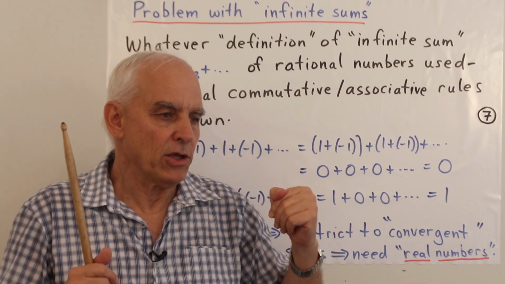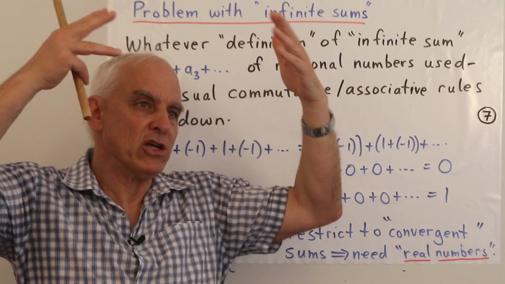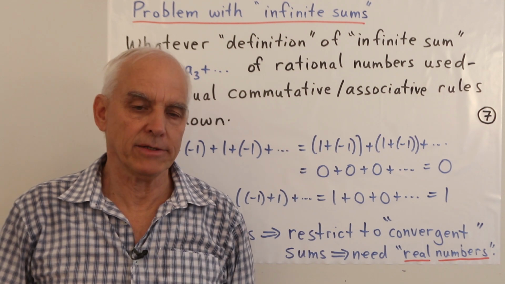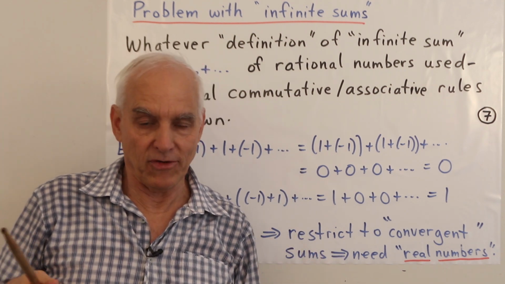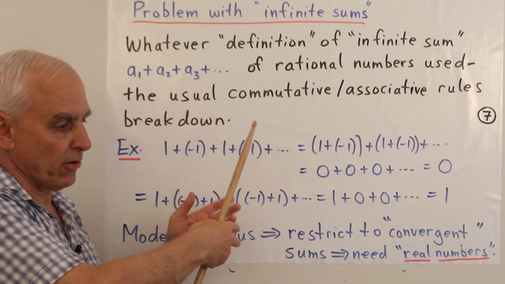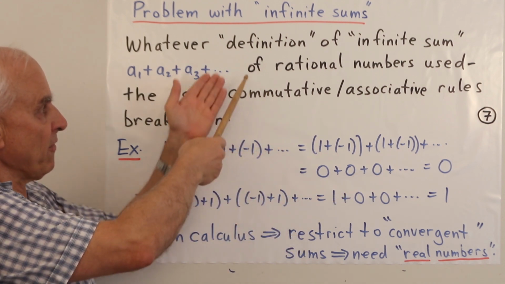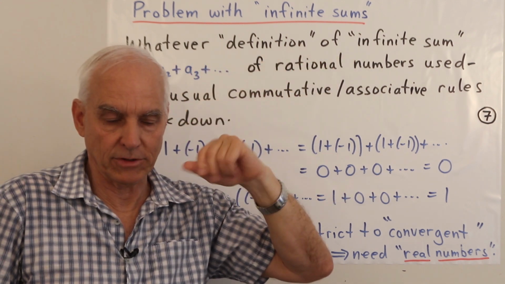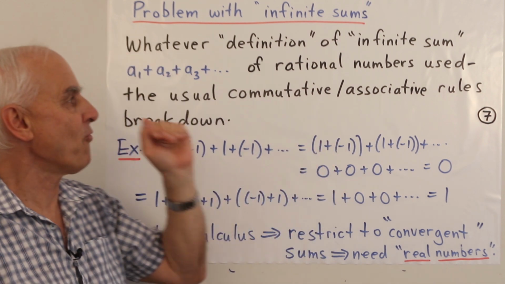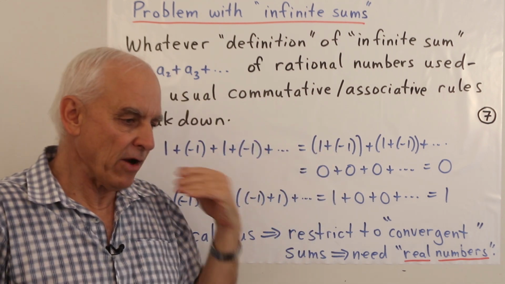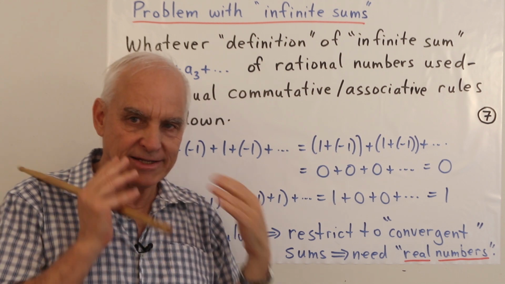So you have to imagine a vastly more complicated and ultimately intractable arithmetic in order to support a theory of convergence and therefore a definition of infinite sums. That's a very quick summary of why we are very sensitive to this issue.